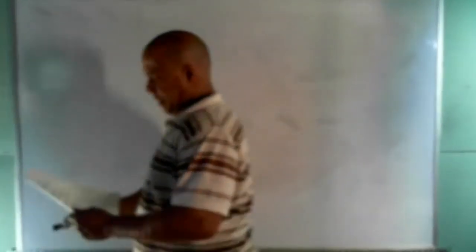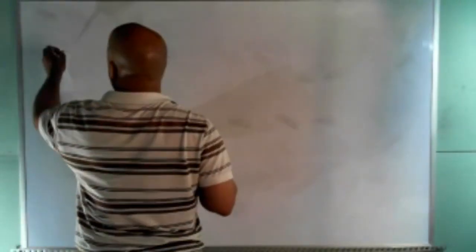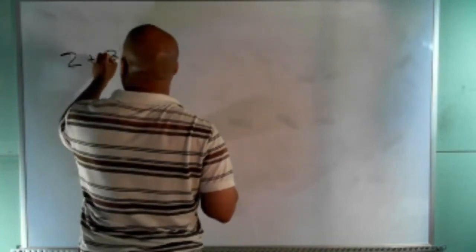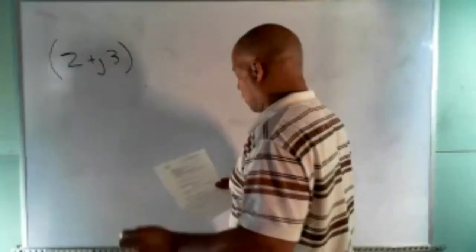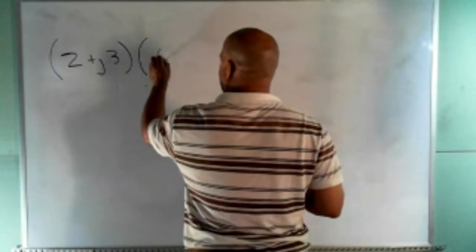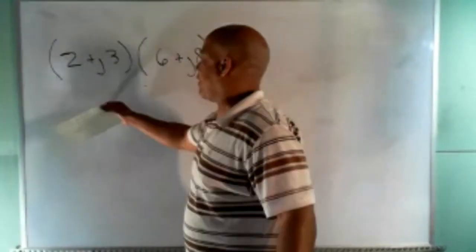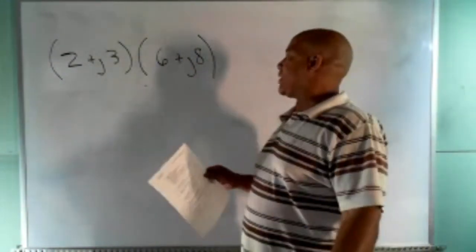All right, so they give us 2 plus J3. They want you to multiply that by 6 plus J8. Now you could convert both these to polar, multiply them, and then convert it back to rectangular.